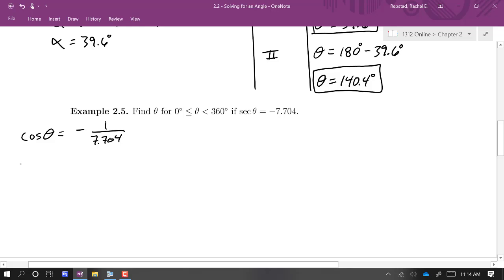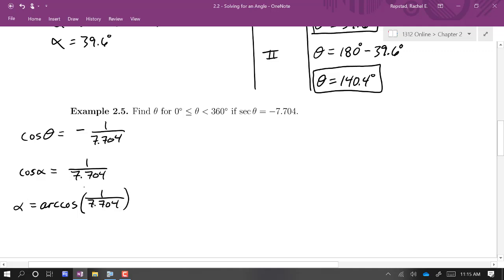The next thing I'll do is find the reference angle alpha. So if cosine theta is negative 1 over 7.704, then cosine of alpha, remember alpha is a first quadrant angle, so everything's positive in the first quadrant, is just positive 1 over 7.704. And so alpha is going to be arc cosine of 1 over 7.704.